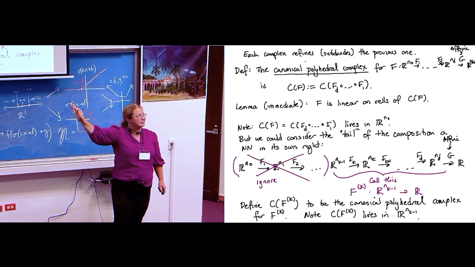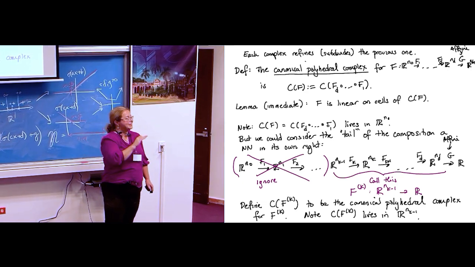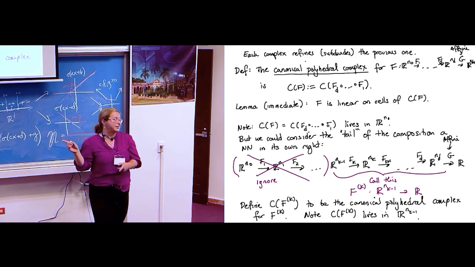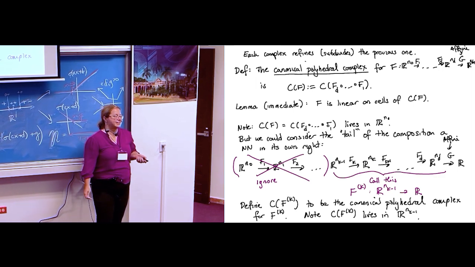I have to think if that's true. Am I lying? I'm not sure. But one thing I can say is that there are definitely many different maps that give you the same polyhedral complex. So even if you can pick one, there might be other choices.